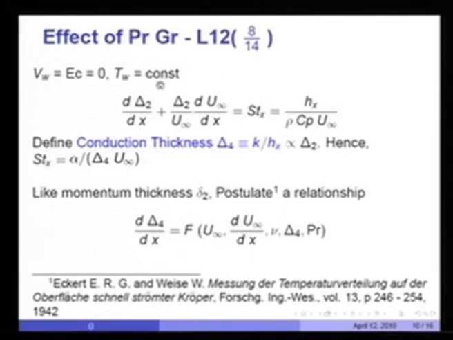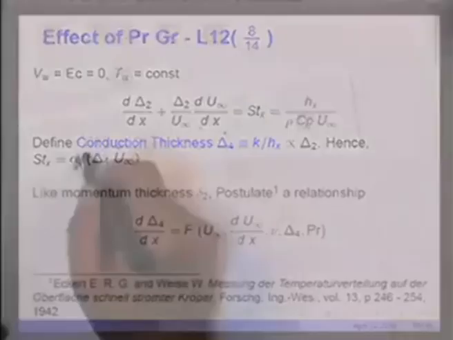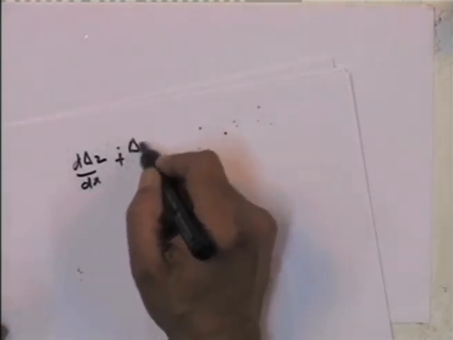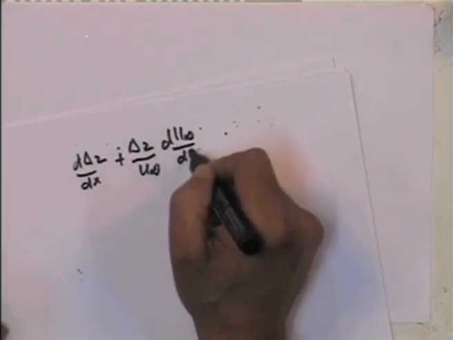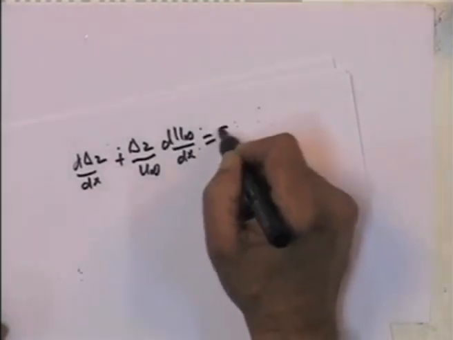So, then you will see that the equation governing this situation is simply this: VW, EC all are 0, TW is constant, and therefore, the equation would read as d delta 2 by dx plus delta 2 by u infinity du infinity by dx equal to Stanton x.